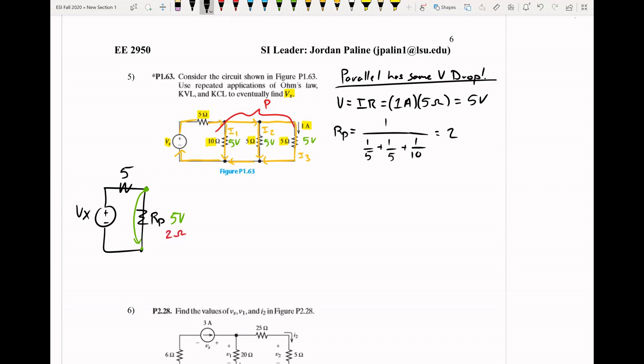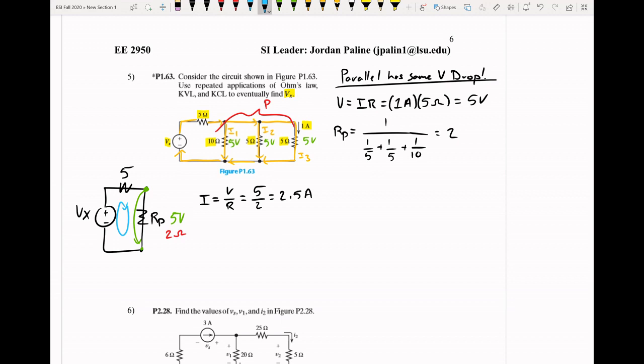So we've got a few options of what we can do. Since we know the voltage and the resistance, we can say I is equal to V over R. So this would be 5 over 2, and that would give us 2.5 amps. That can be useful for us. So now we know the current that's going that way.